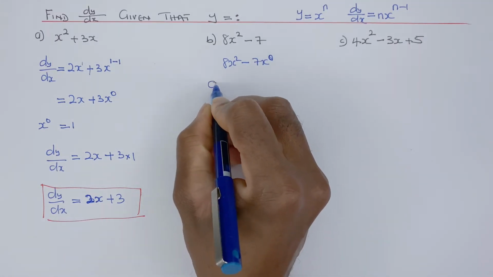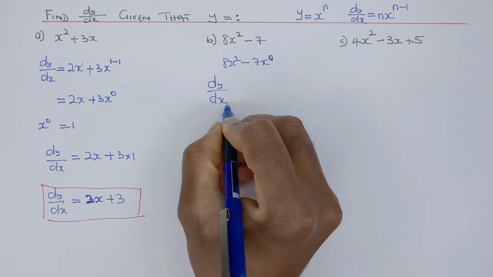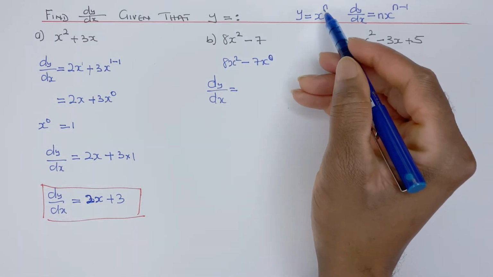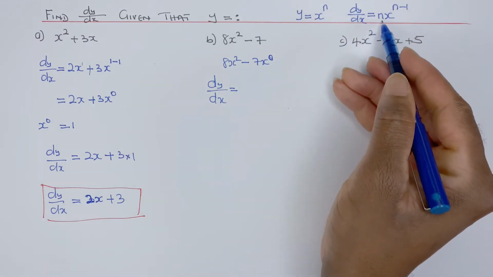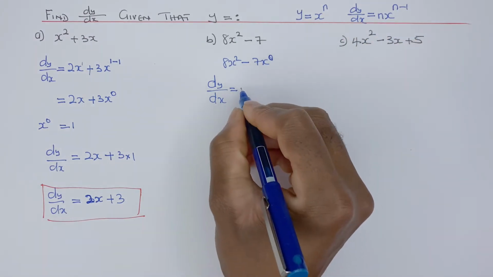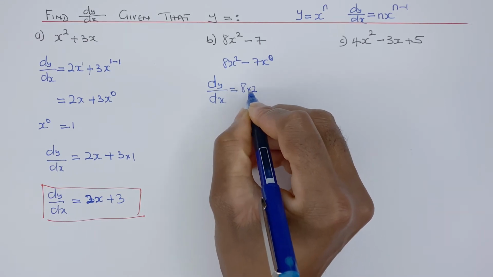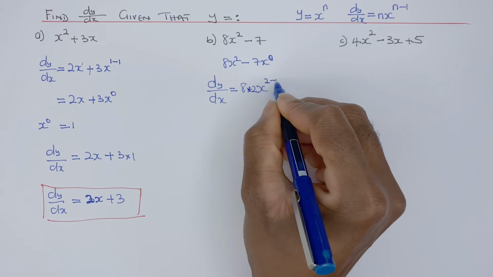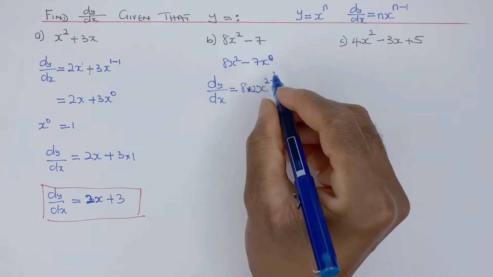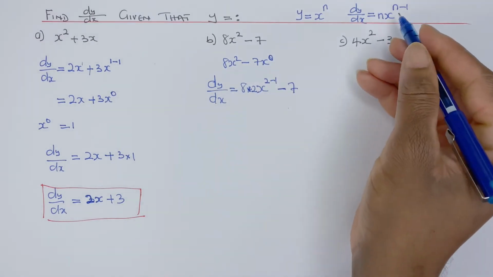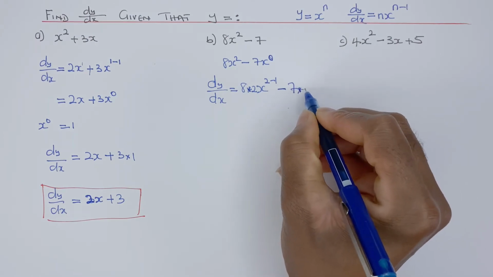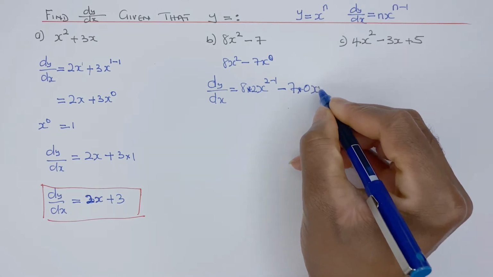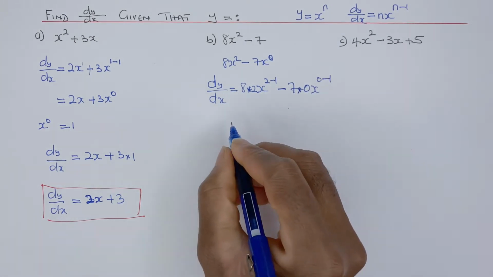So to find dy/dx, for x squared, n is 2, so you bring the 2 down, and then 2 minus 1. So that would be 8 times 2, times x to the power of 2 minus 1, minus 7 times 0, you have to bring the 0 down, then x to the power of 0 minus 1.